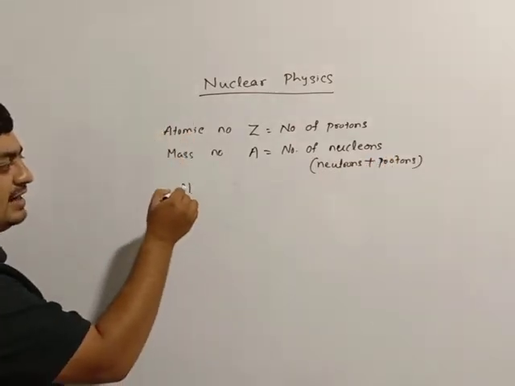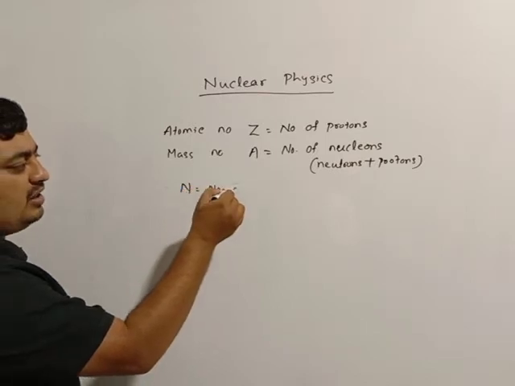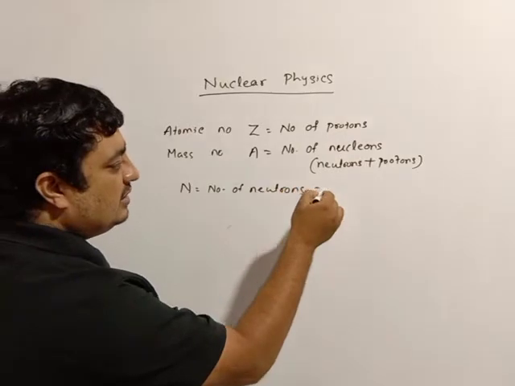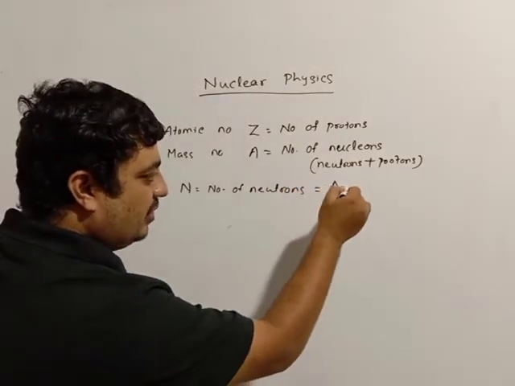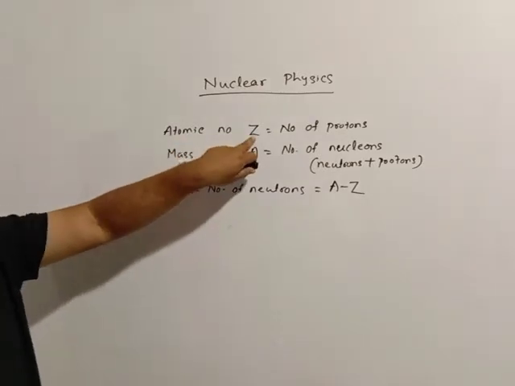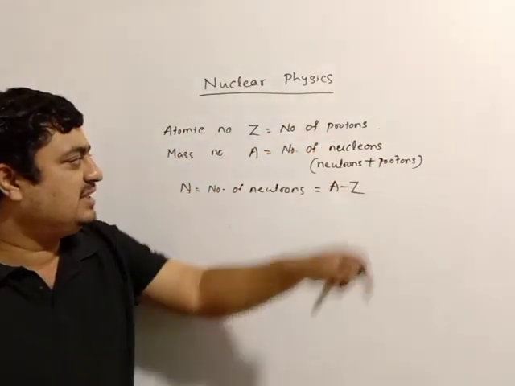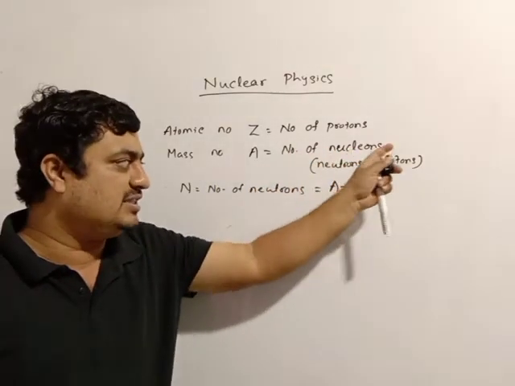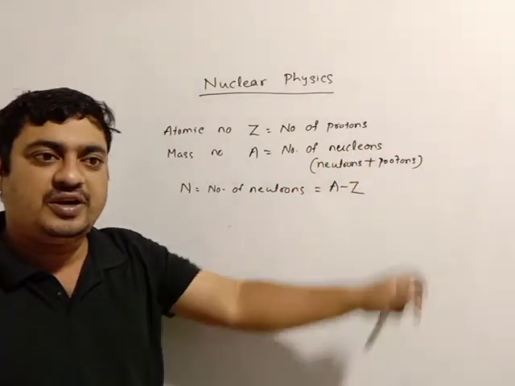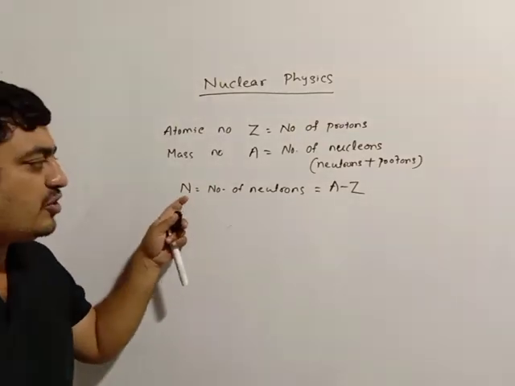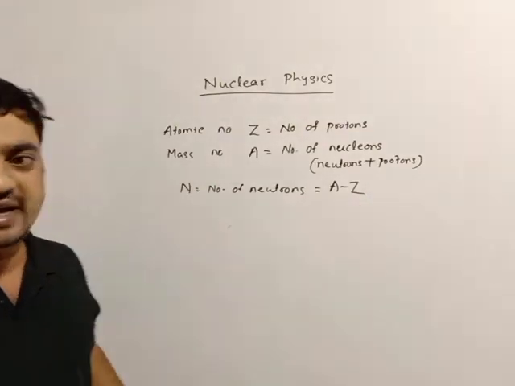N is the number of neutrons, N equal to A minus Z. So atomic number means the number of protons present in the nucleus. Mass number means the number of nucleons, that is the total number of neutrons and protons present in the nucleus. Number of neutrons, N equal to A minus Z.